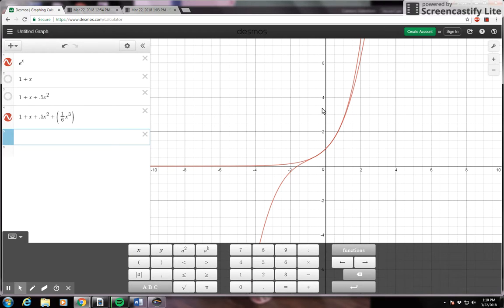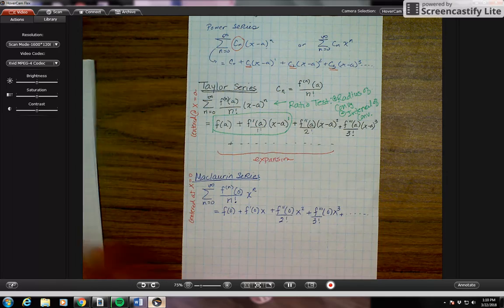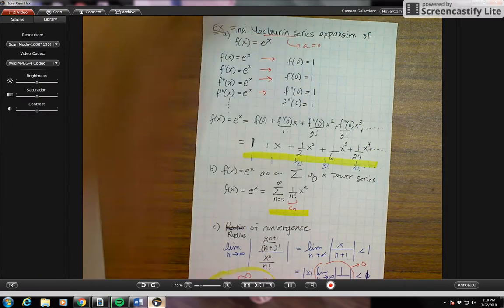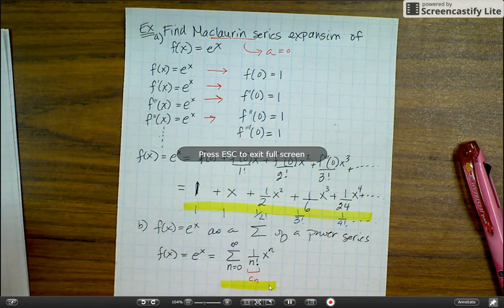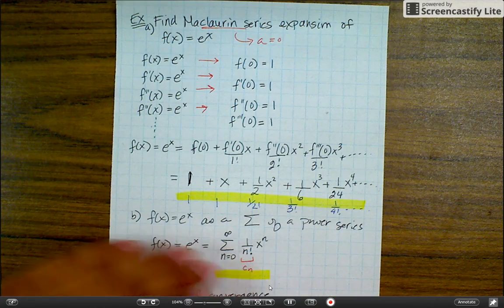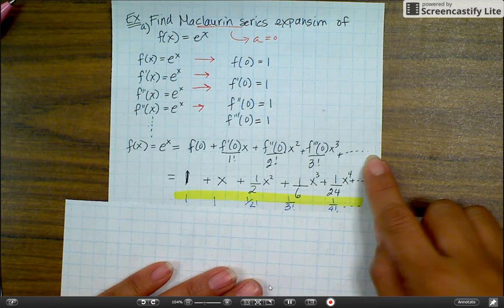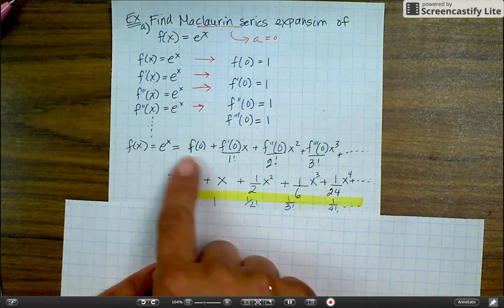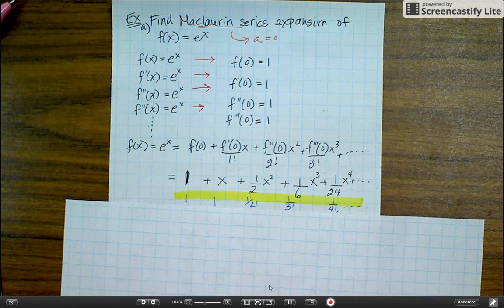But what happens when we have an infinite number of terms? It should then be that curve, right? So when I did this expansion for e to the x, since I had an infinite number of terms, that means that this is actually equal to e to the x.